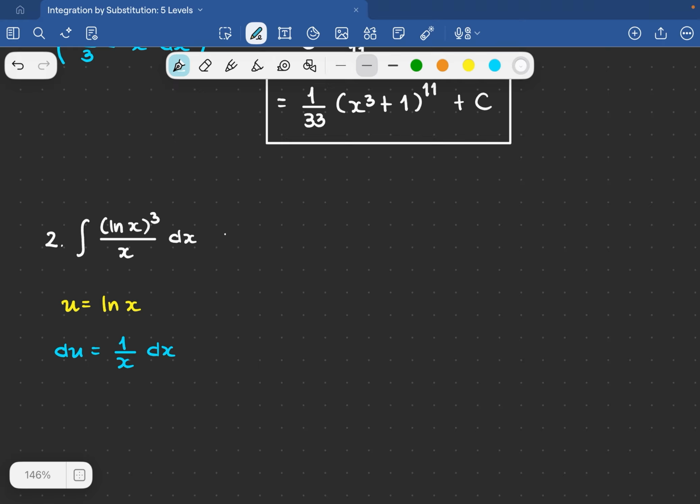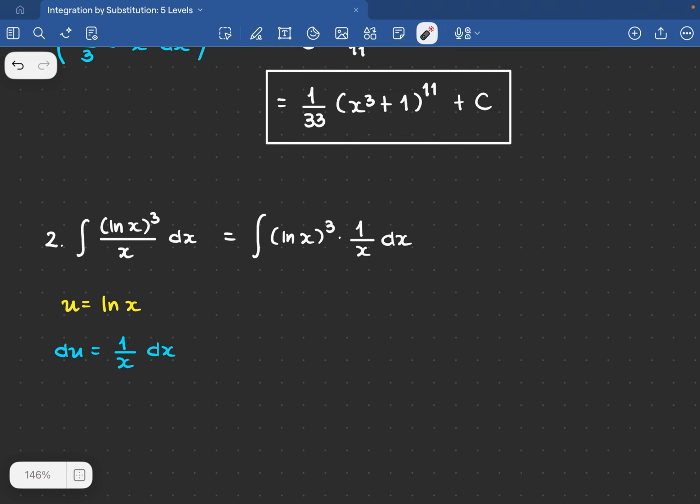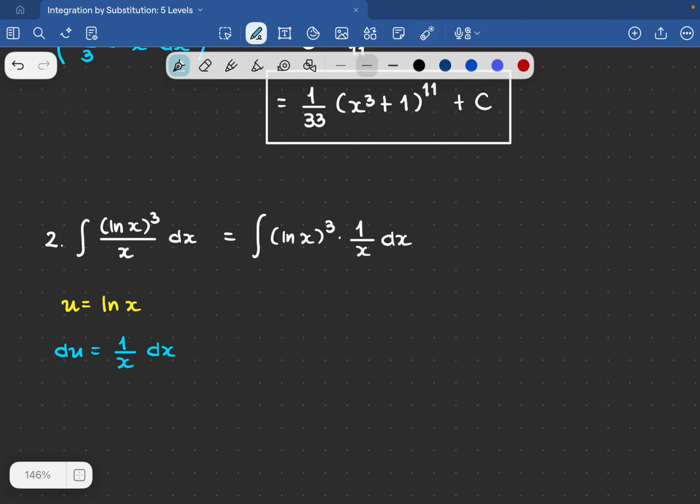So once we have that, just to emphasize it more clearly, we can write this one as (ln x) cubed times 1 over x dx. Basically, I just split this expression into two, just to emphasize the substitution that we will do.